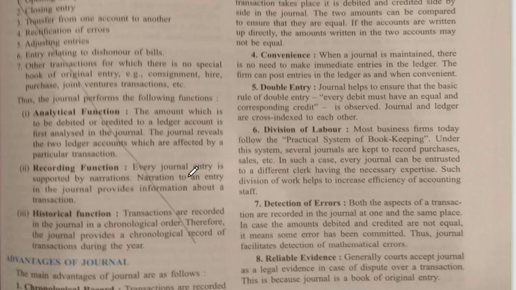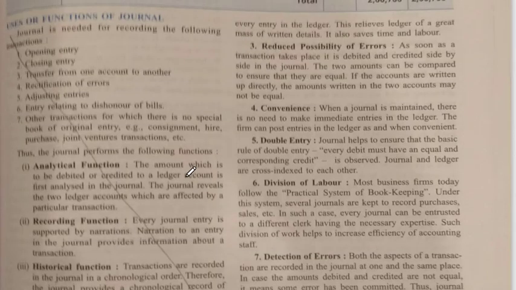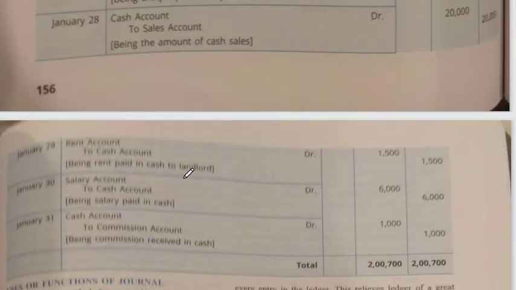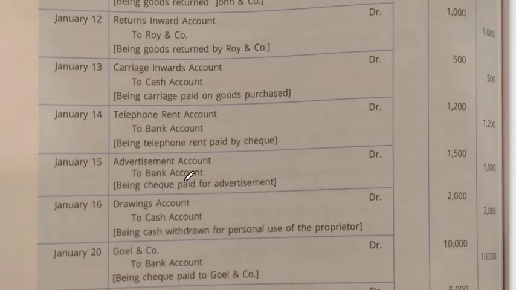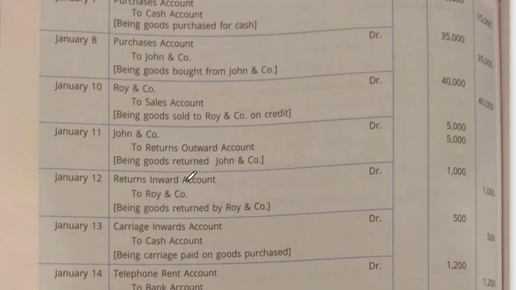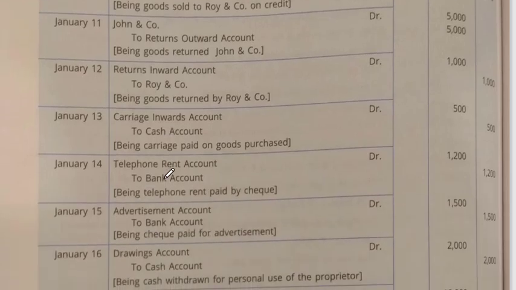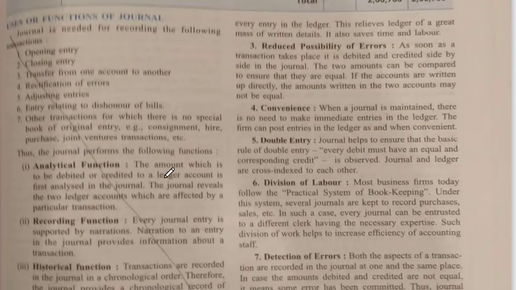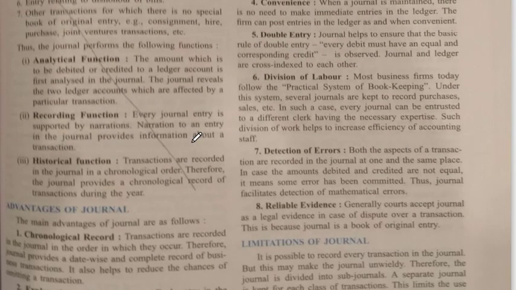So when you record in journal, as we have done in previous examples, we encountered different types of account, like purchase account, John and Company account, Roy and Company account. These are different ledger accounts. So from journal we understand what the different ledger accounts are and whether we have to debit or credit that particular account. So journal is analytical in function.